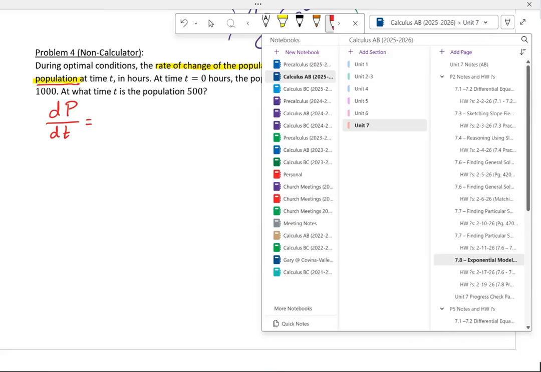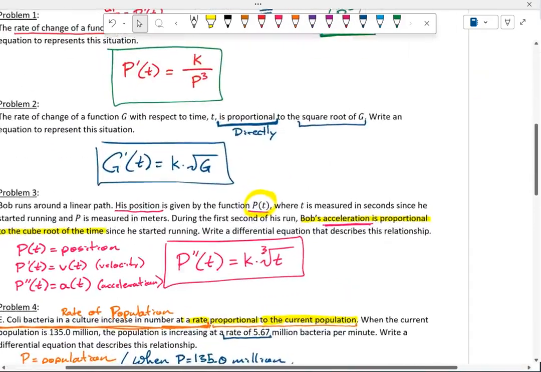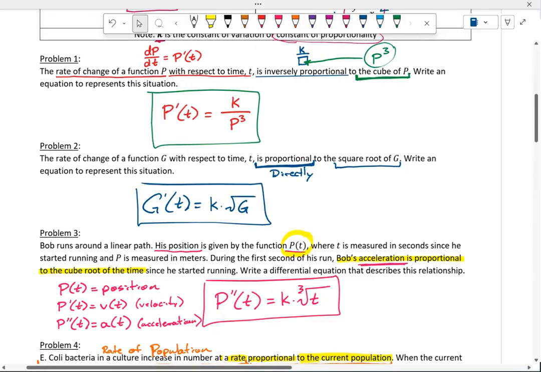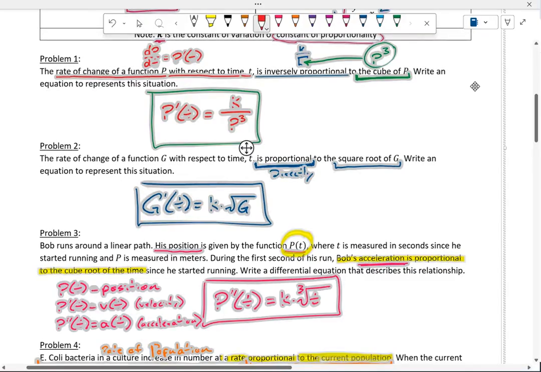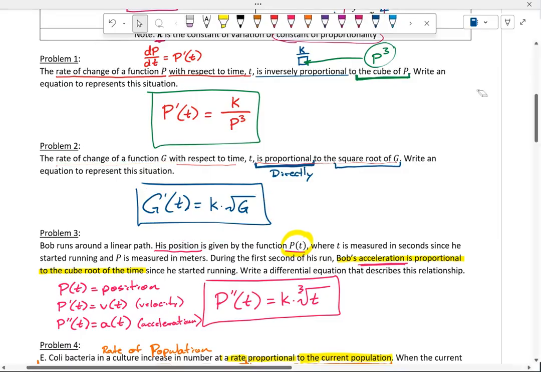Let's look back at our unit 7.1, all the way back to the beginning. Let's look at problem 2. So the rate of change of a function g with respect to time is proportional to the square root of g. How do we do that? K times whatever we're proportional to, right? That's what that proportionality means. If it ever says it's proportional to something, it is K times that.